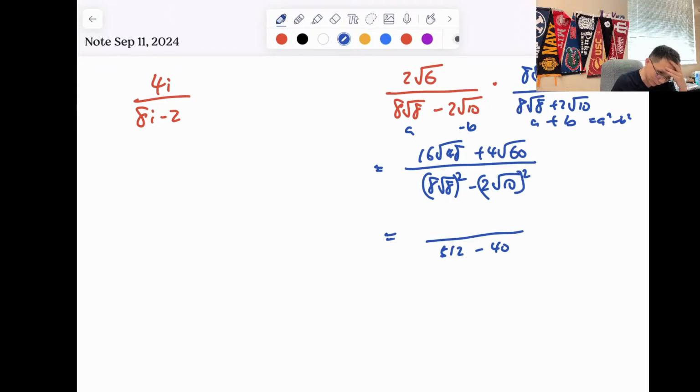I can take out 4 out of 48. 48, I can take out 4, so it'll be 2. 24, 2, 12, 2, 6, and then 2, 3.